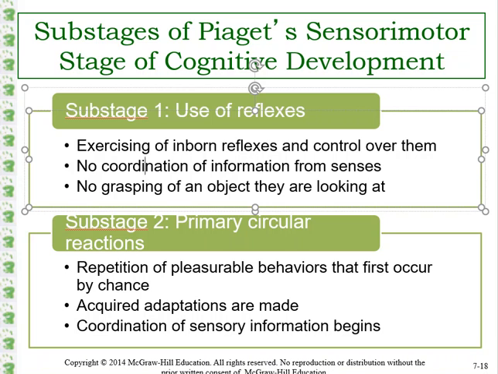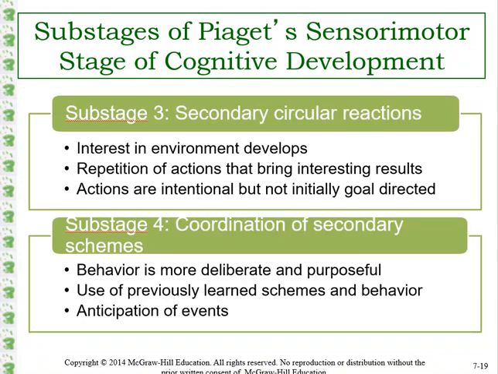So we'll go to the next ones. Substages 3 and 4 we talked about. For an example of substage 3, let's say a baby accidentally knocked a toy that then hung in front of her, and she was producing a fascinating swinging motion. Maybe that toy had a hanging string, and she could see it now hang above her.